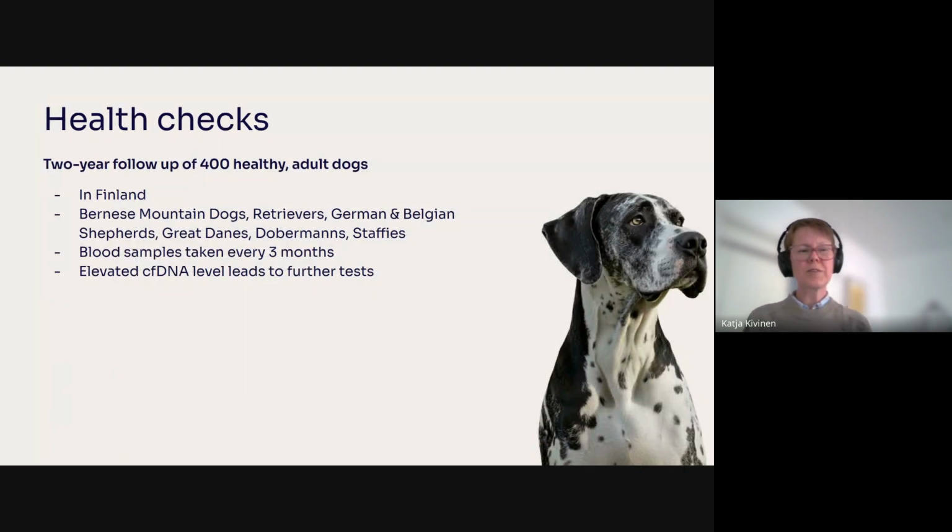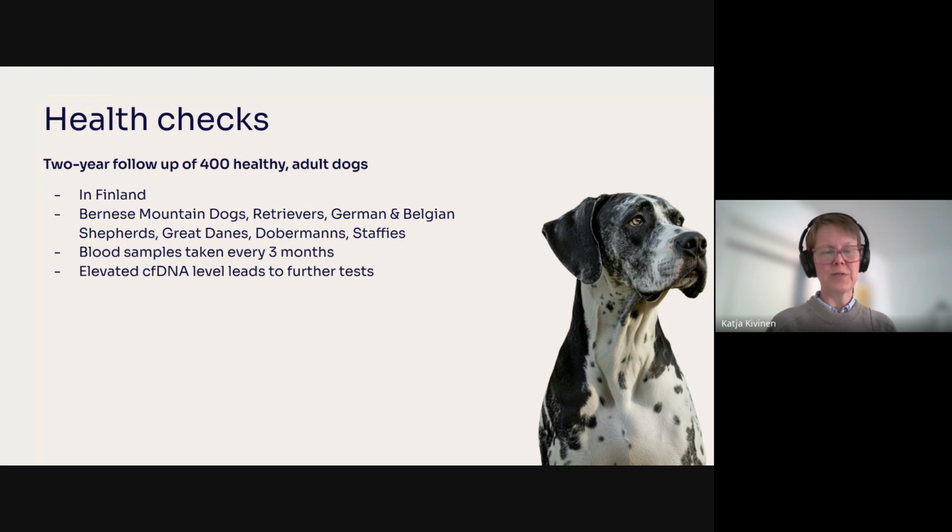So we have also done health checks. We are currently running a 2-year follow-up study, and for this we recruited 400 healthy adult dogs in Finland. These are mostly dogs with higher than normal cancer risk.